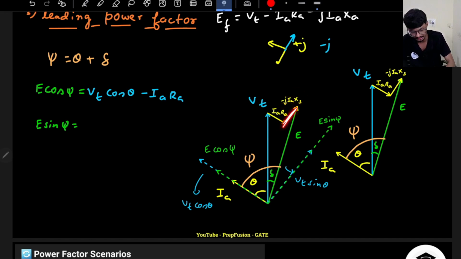The angle is already taken care of by drawing the vector. So it will be Vt sin theta plus IXS.